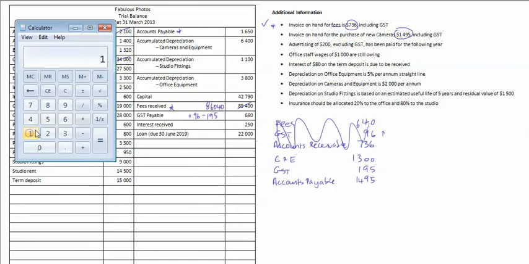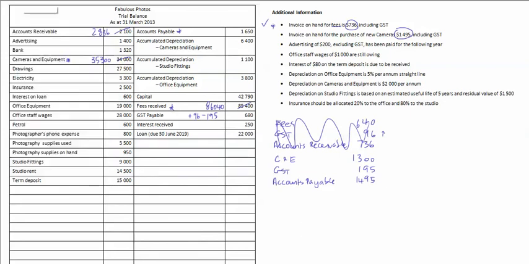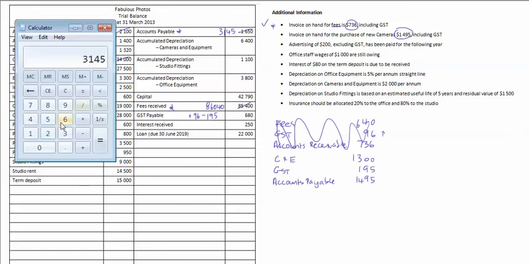It's going to be 1,650 plus 1,495. It's 3,145. So let's change that to 3,145. And let's do this GST calculation. So it starts off 680.